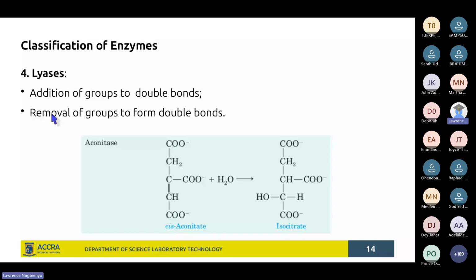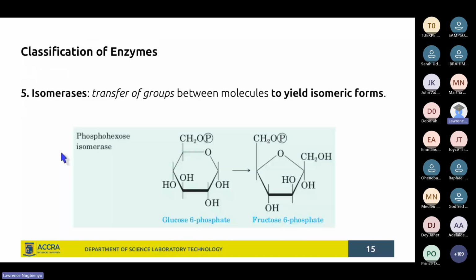The fifth, the name will even tell you, isomerases. So isomerases transfer groups within molecules to form their isomers. For instance, you have the enzyme phosphohexose isomerase, which is converting glucose 6-phosphate to fructose 6-phosphate. So what are isomers?